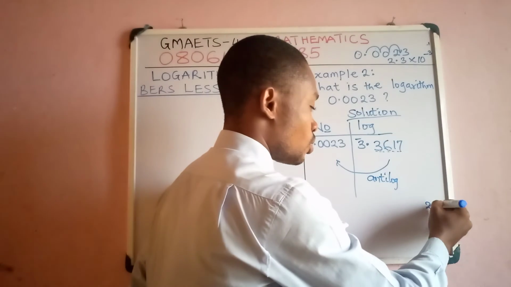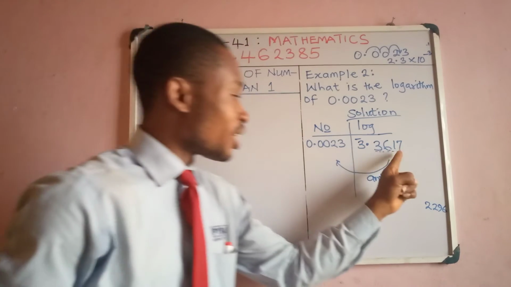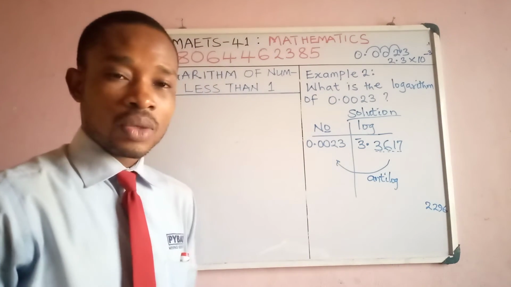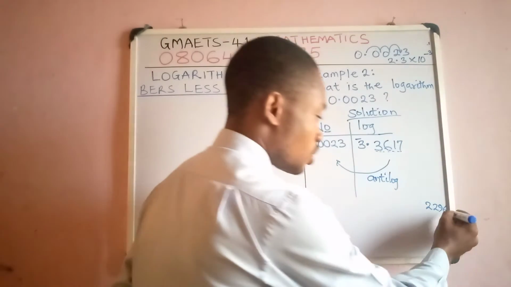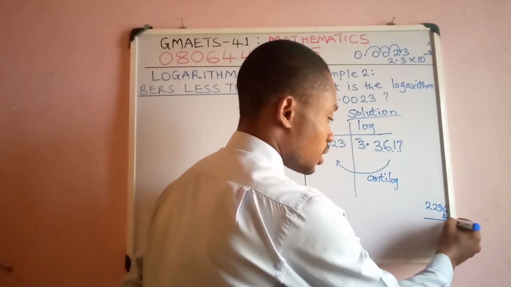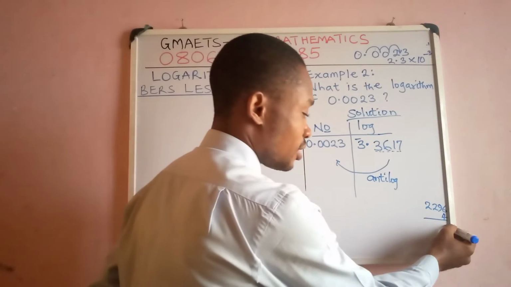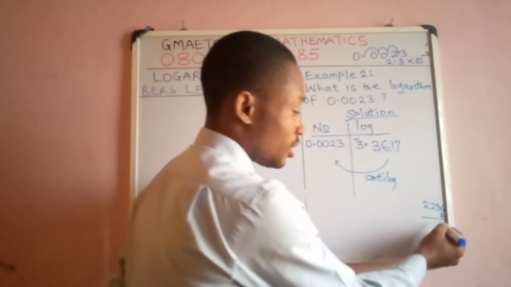Let's put it 2296. And then you check difference 7 here. If you move on to your difference 7, what are you going to see there? Difference 7 will give us 4. So we add the 4 to this 6. 6 plus 4 will give us 10. Write 0, carry 1, add the 1 to this 9. You're going to get 10.